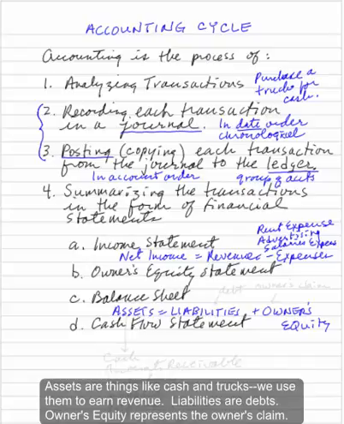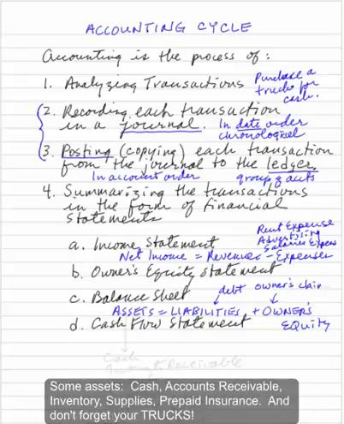The assets would be things like your cash or your truck. They are things you own, and you use them to generate revenue. Liabilities, a good synonym for liability, is a debt. And the owner's equity represents the amount the owner owns of the business. And the way we express that is by saying it's the owner's claim in the business.